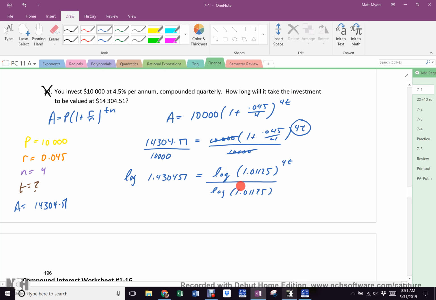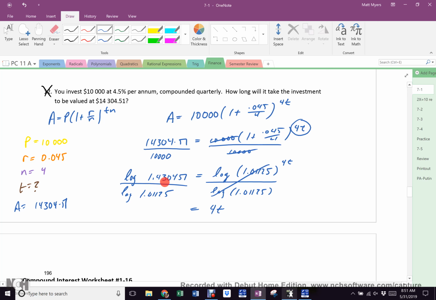What happens to these guys? They cancel, leaving me with what over here? And if I divided this side by this log, what do I got to do on this side? Same thing. Log 1.01125. Yeah?